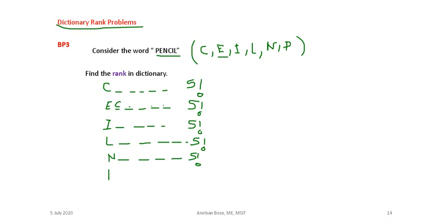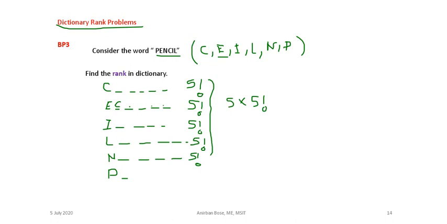And the next is not the word PENCIL but the words starting with P. So before P is coming as the first letter, how many words have already been considered? That is basically 5 factorial into 1 2 3 4 5, so 5 into 5 factorial. Already these many words are there before the words that start with P.